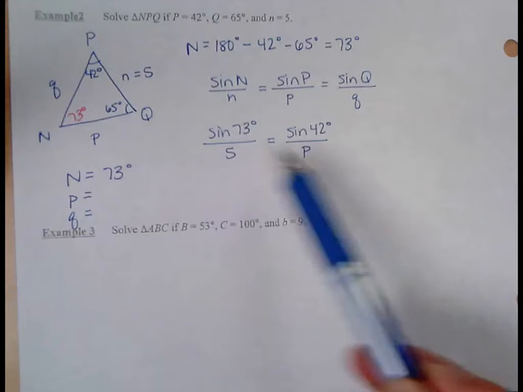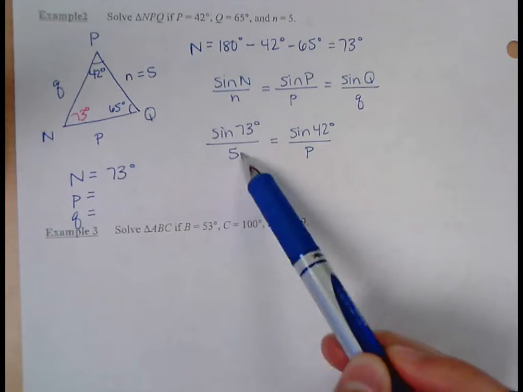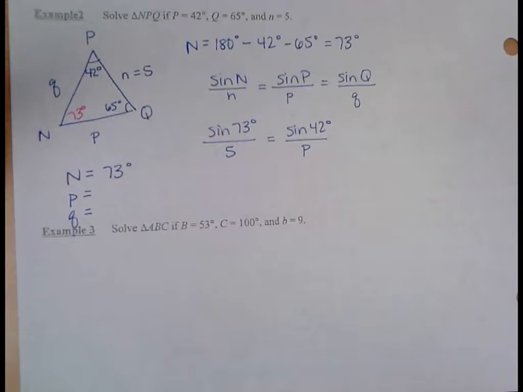Multiply both sides by P. This P cancels out, and then I have to multiply by the reciprocal of this to the other side to get P alone. That's not wrong, but there's maybe a less messy way to do it.